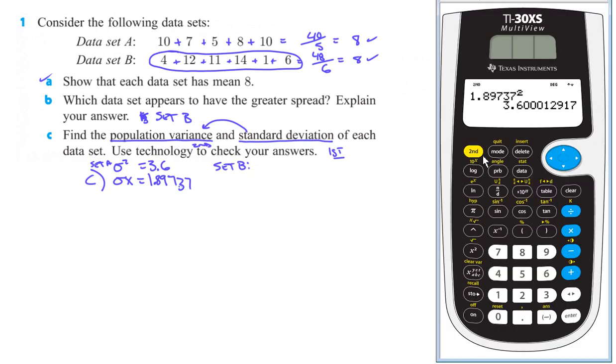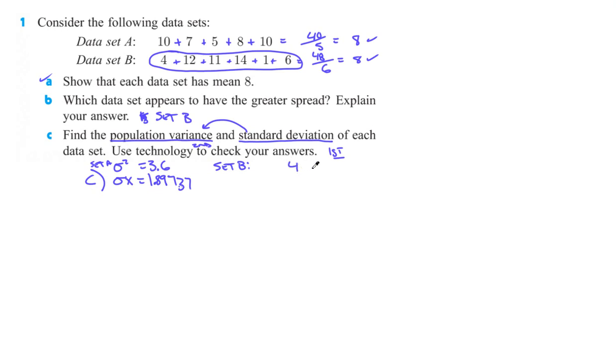We already put the data in there, so we do second data, and we're going to do one variable stats. Now here's where it's different. We got to go over to list 2 to change our data list. So we'll highlight list 2, push enter, enter, calculate, and go down to standard deviation: 4.6547.